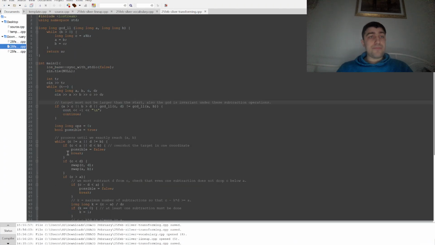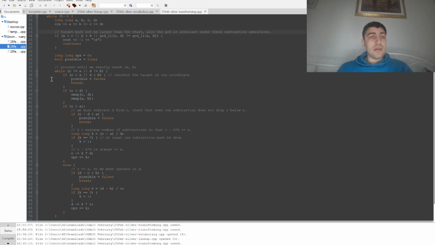At first I had to make sure that the target must not be larger than the start, and also that the GCD is invariant under these subtractions. No matter what we do, the minimum we can subtract is the GCD of these numbers. You can't subtract something smaller.